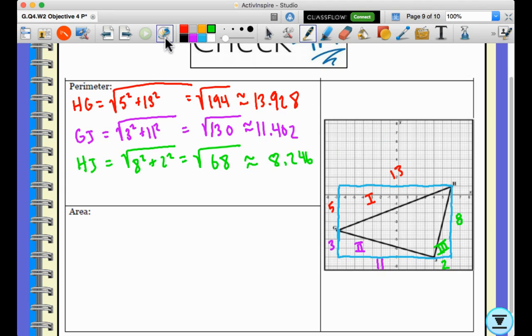And then to actually find the perimeter, we're going to be doing 13.928 plus 11.402 plus 8.246. And I got my answer to be 33.576 units.